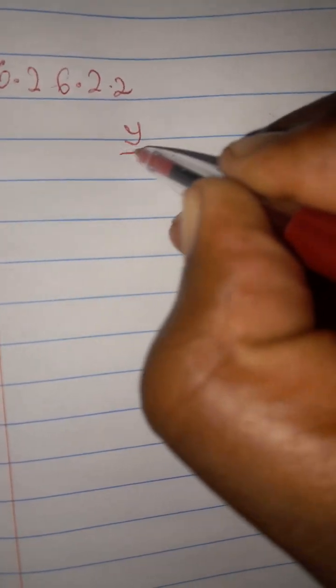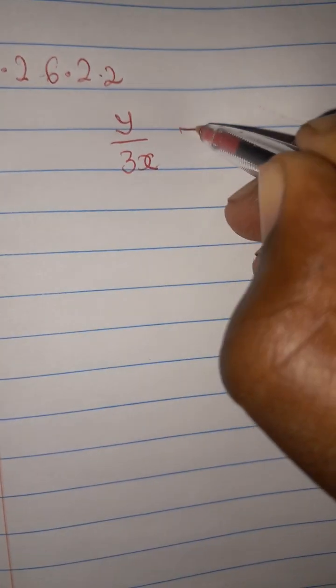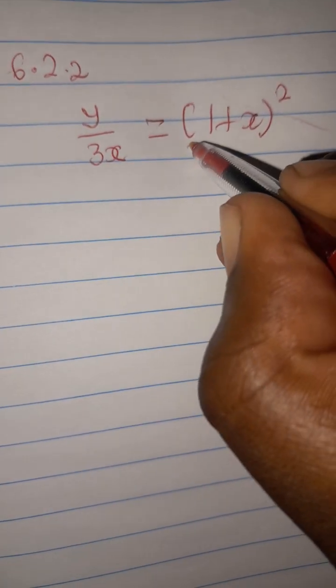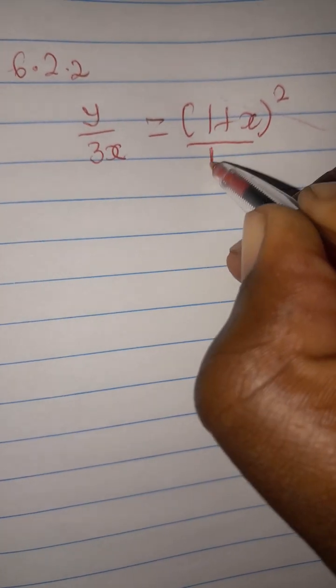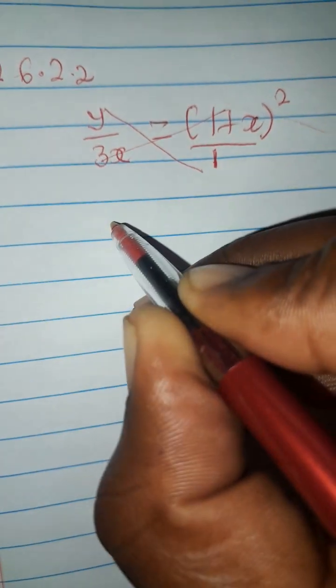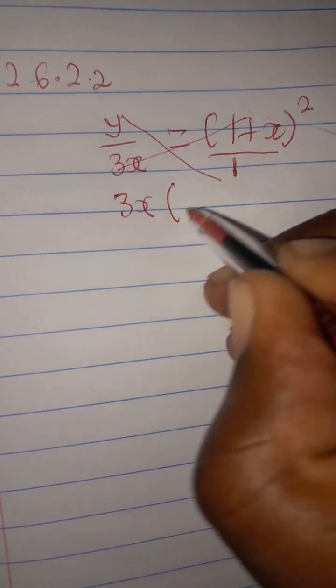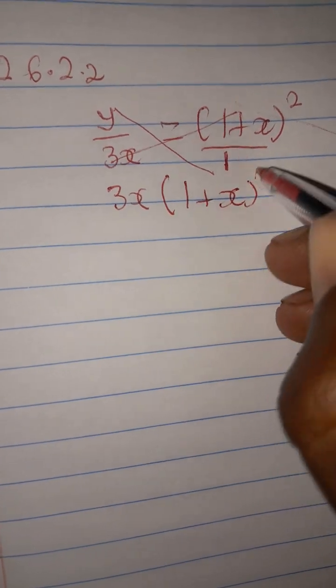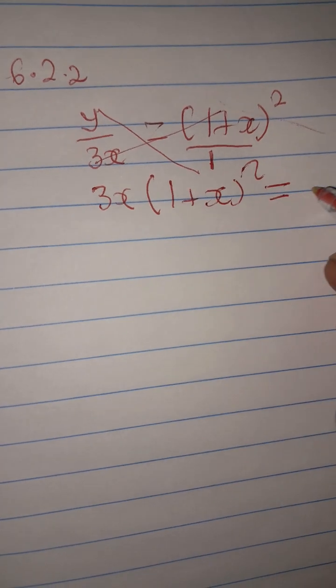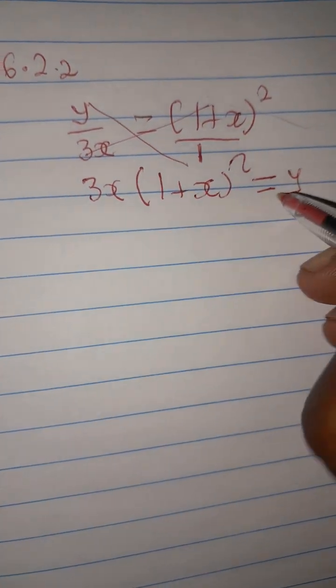We are given y all over 3x, which is equal to 1 plus x squared. What is important here, let's just divide this by 1 so that we can make y the subject. So we are just going to cross multiply everything in this case. If I cross multiply, I'm going to have 3x as well as 1 plus x to the power of 2, as well as y times 1 is going to be y.